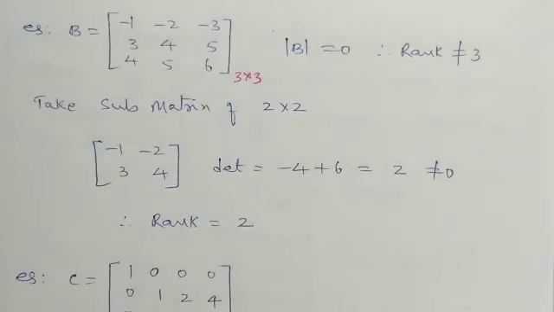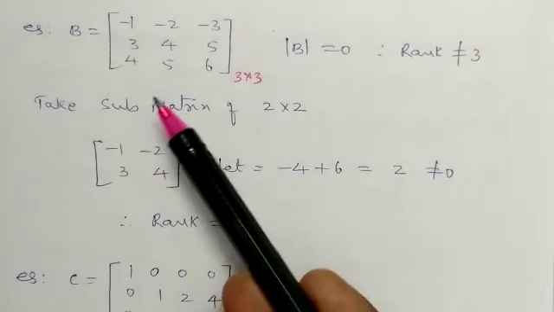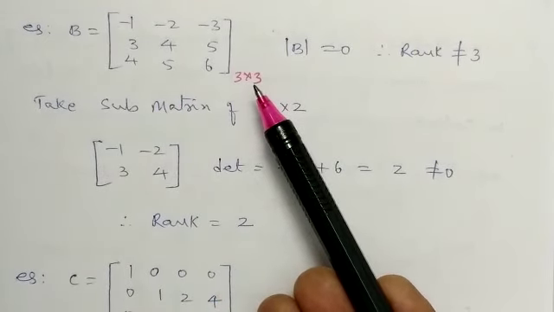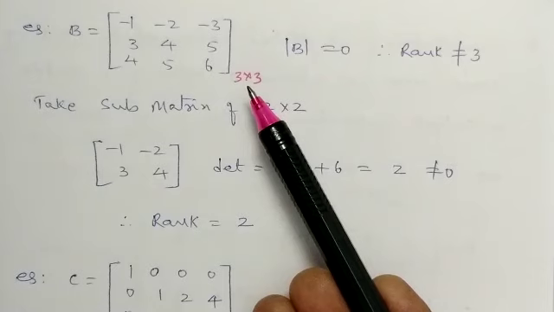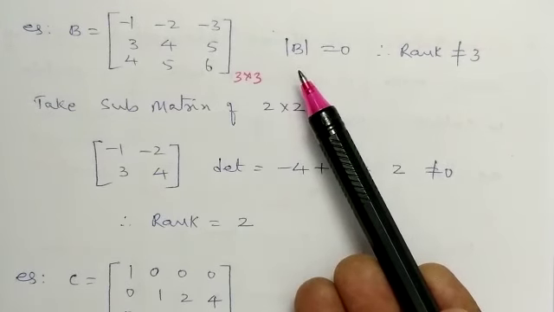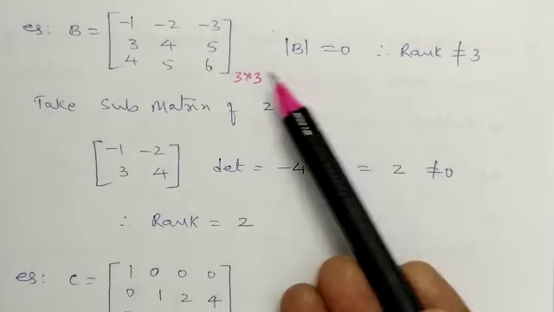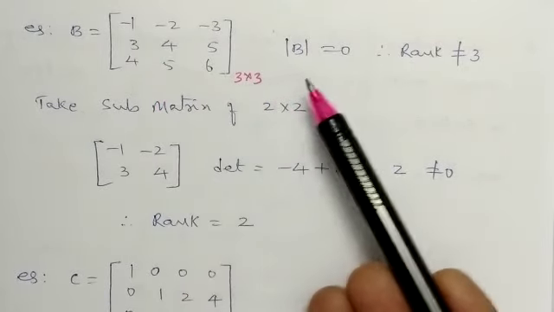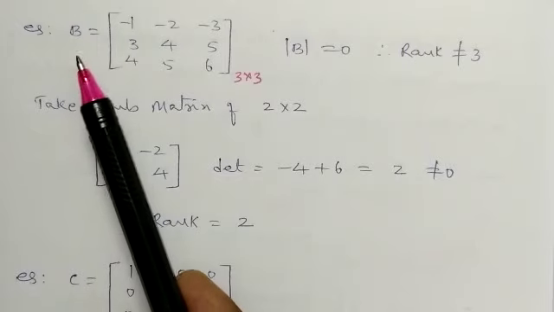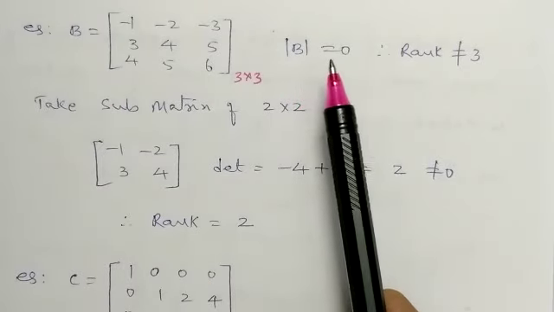What is the possible highest order square submatrix? 3 by 3 is the highest submatrix. Find its det. If you find its det, you will get det B. Because the matrix is named as B, det B is equal to 0.